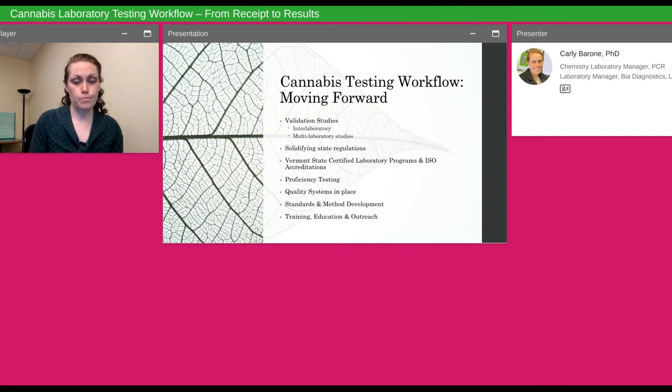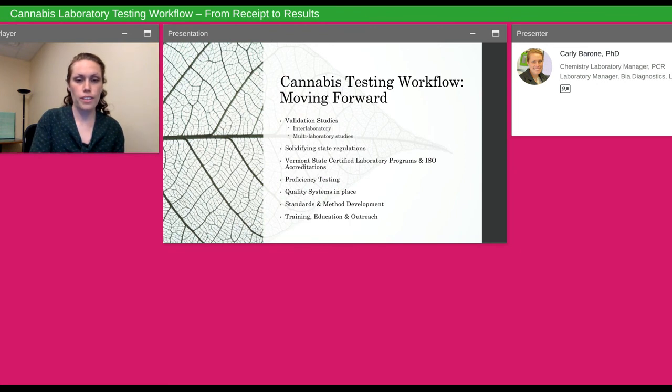And I think the most important part of all of this is the training, education, and outreach for laboratories and laboratory scientists and technicians, and just making sure that everybody's on the same page, working towards the same goals, and like I said, standardizing it so that we are all producing accurate quality data, and making sure that in between laboratories, things are able to come out looking the same.